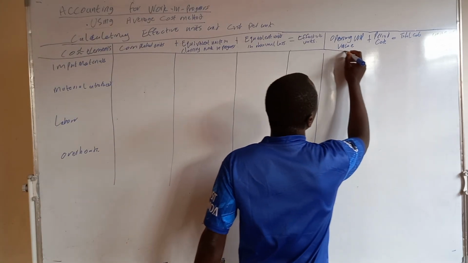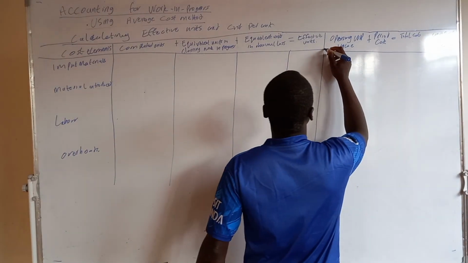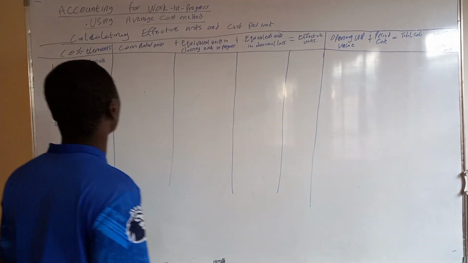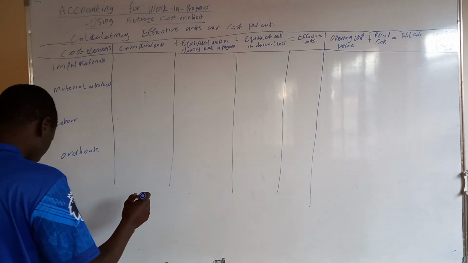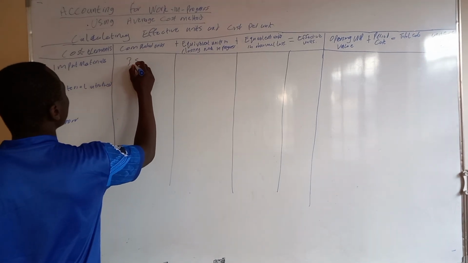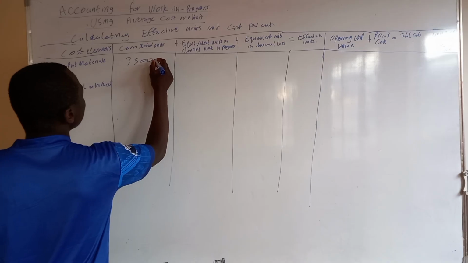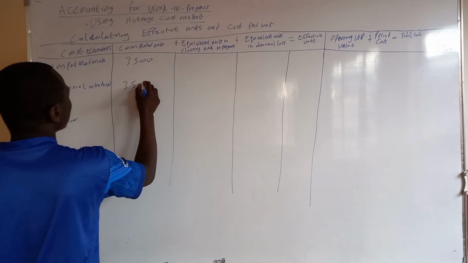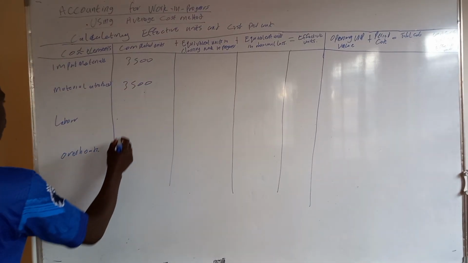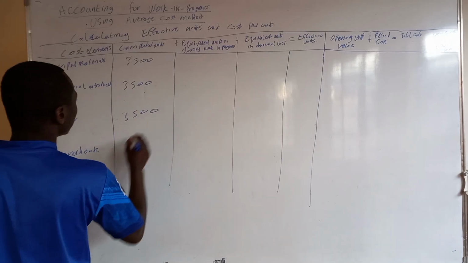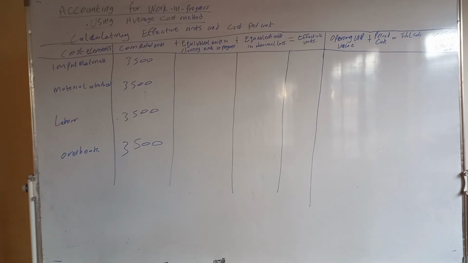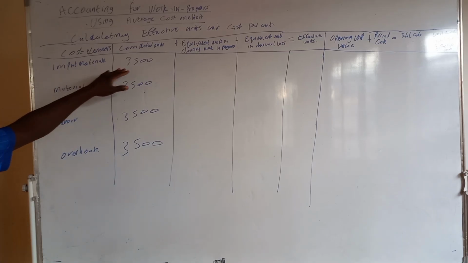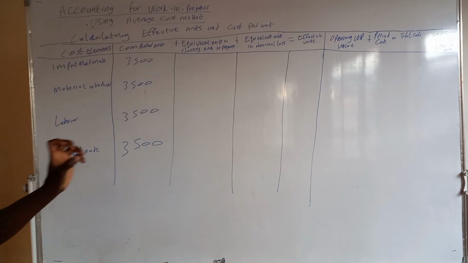Now let us continue. We start from completed units. Our completed units were 3,500. So 3,500 were complete and worked on. Remember, these are cost elements. Cost elements go with the number of units worked on.